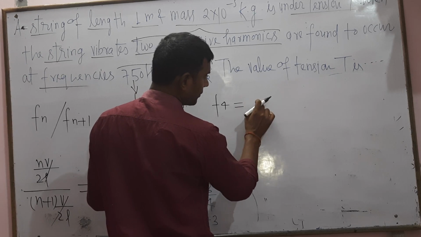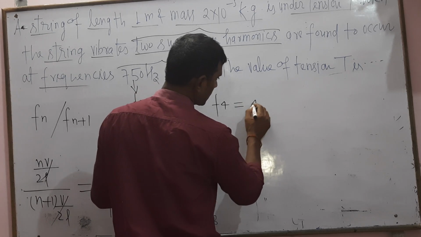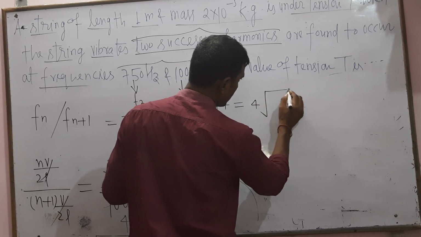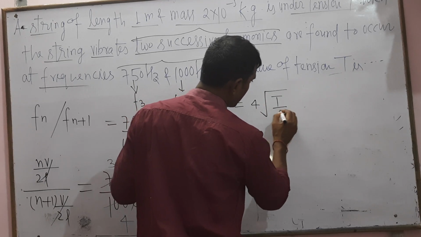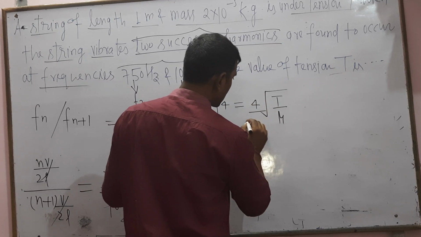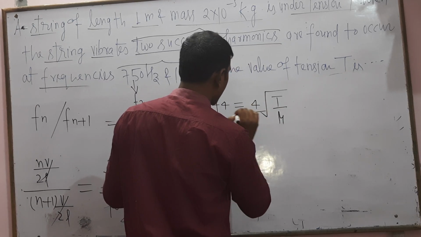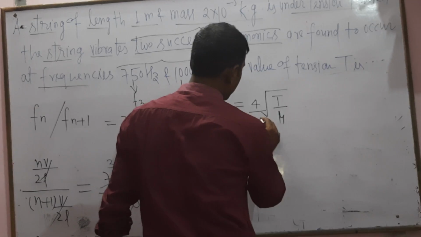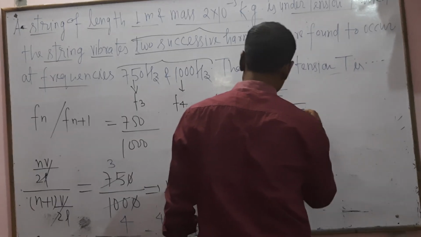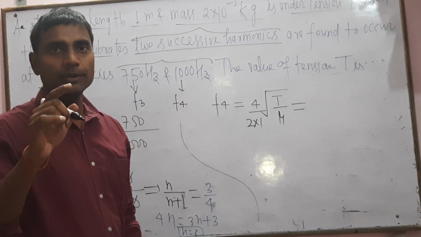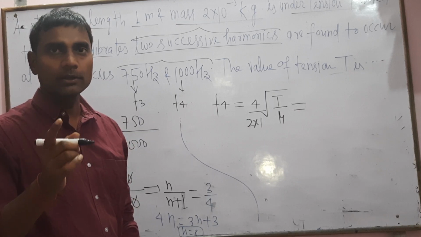F4 equals n v by 2l, where n means 4. In place of v, we can put root of T by mu. Here l, the length, equals 1 meter. N equals 4.